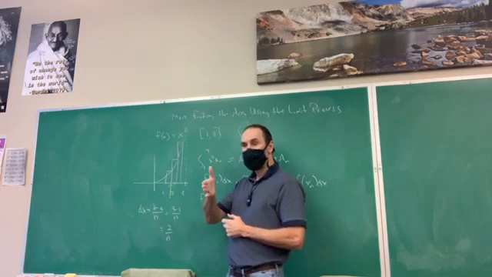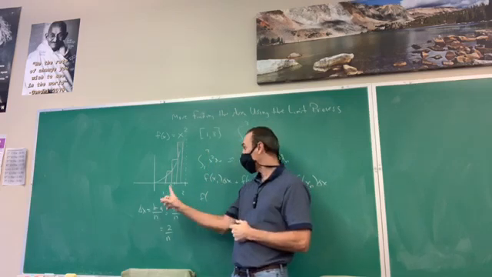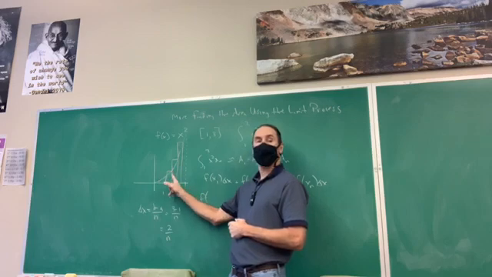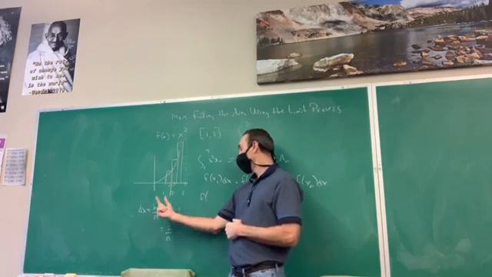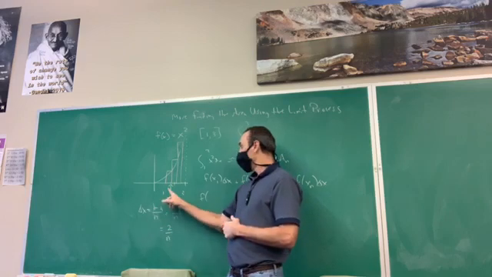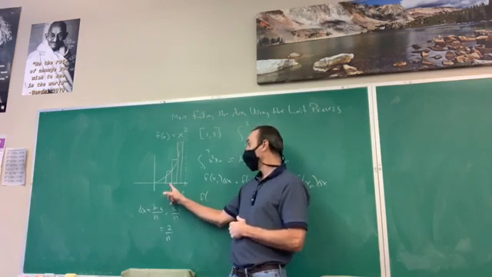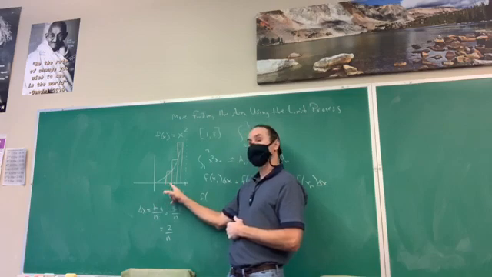So it's going to be 1 plus that delta x. That's the x value that we're going to plug into the function. You with me there? 1 plus that width. And that width of that rectangle is 2 over n. So the x value that we're gonna plug in for that first rectangle, we're gonna take f of 1 plus 2 over n.